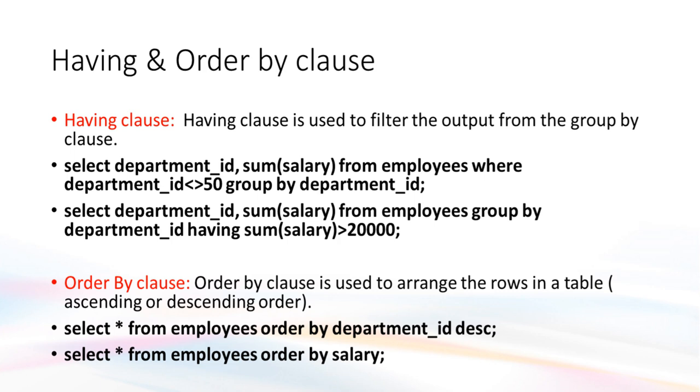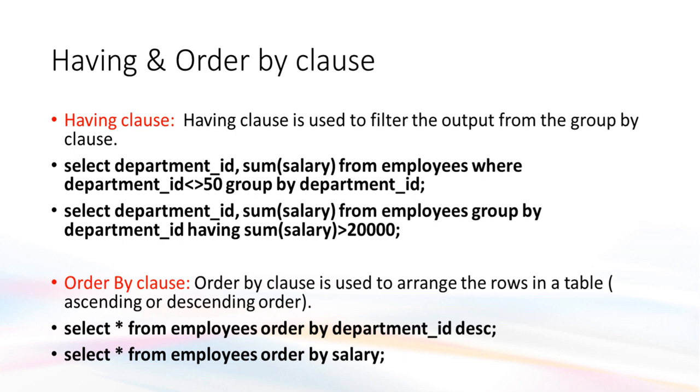In the first query, we are filtering the rows because I don't want all employees. I want a specific department ID, so I need to mention here where department ID is equal to 50. After getting the result, we need to apply the group by clause for department ID. But in the second query, we get all the department IDs.